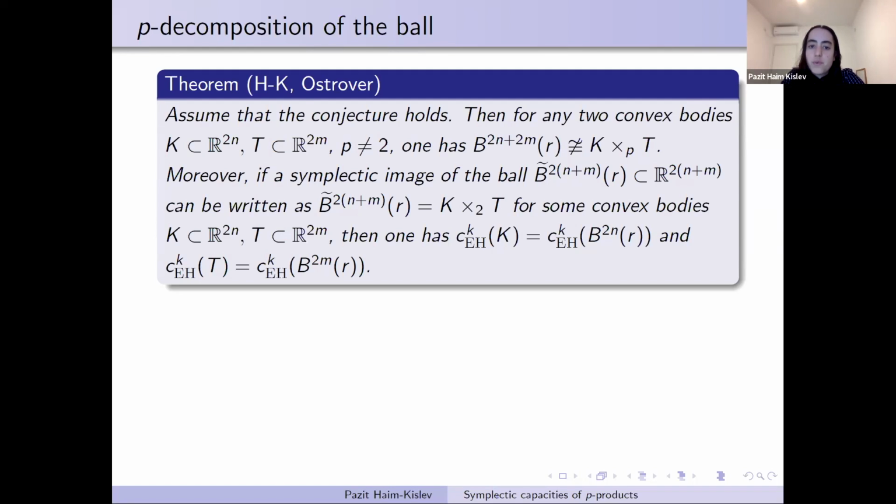And moreover, we have that if p equals 2, the entire spectrum of higher order capacities of K equals the spectrum of a ball with the same radius we started with, in the appropriate dimension, and the same for T. And even though equality in all higher order capacities doesn't mean that you are a ball, it doesn't mean that if 2 domains have the same higher order capacities they are equal, in a ball we have reason to suspect that it might be true, or at least that they share many properties.